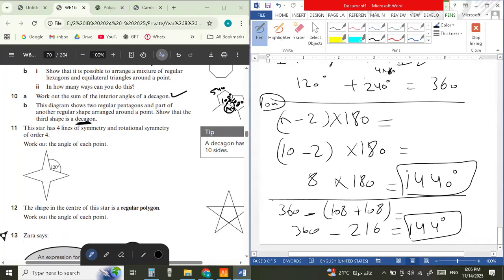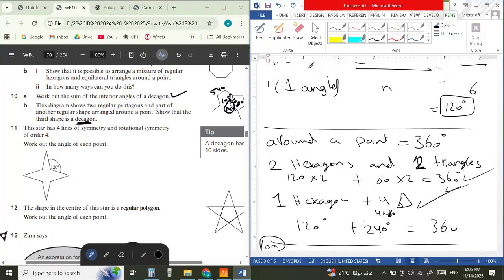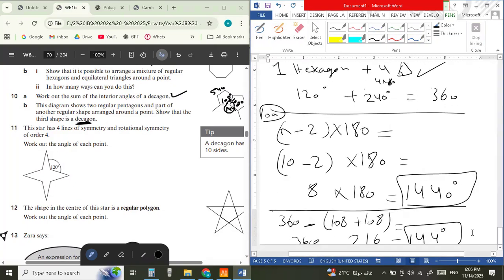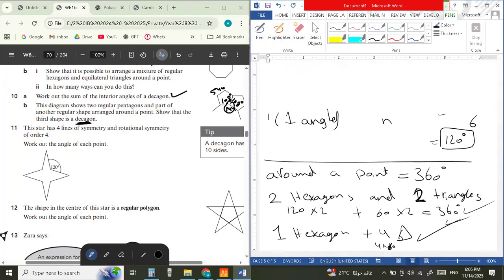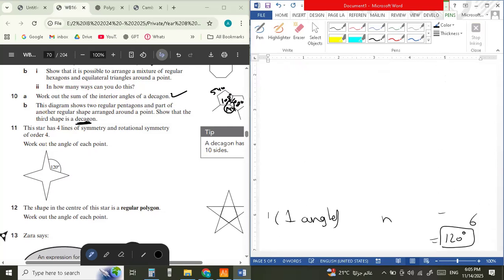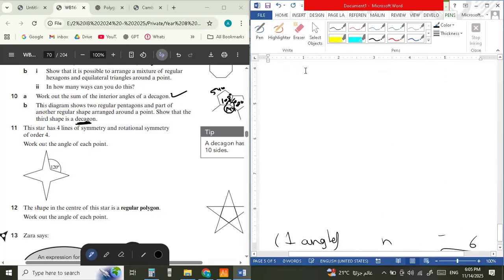So what are we supposed to do here? We said that n minus 2 multiplied by 180 over n will give me one interior angle.